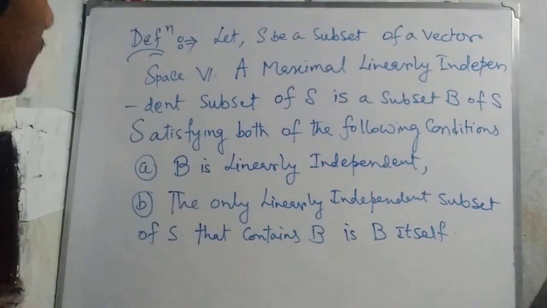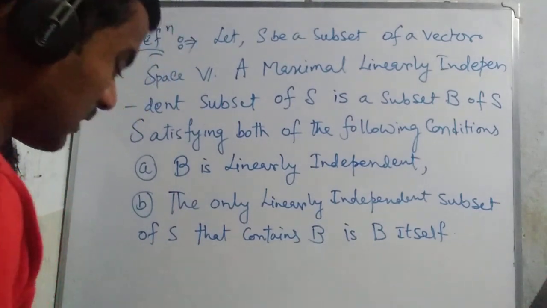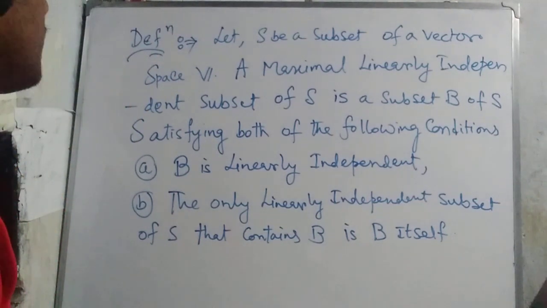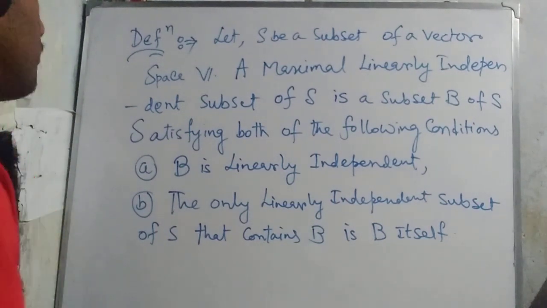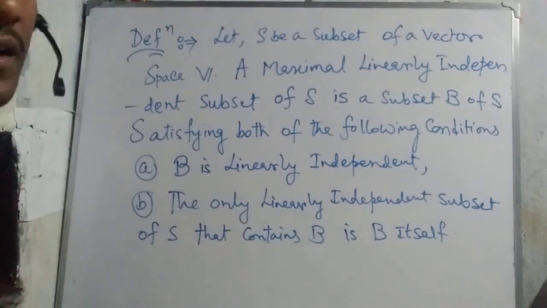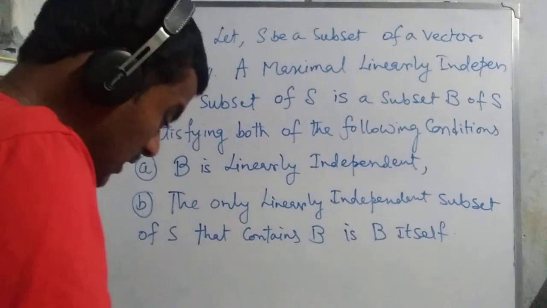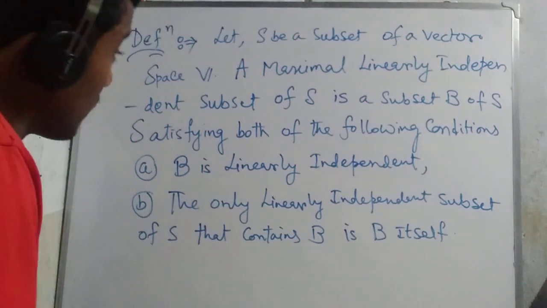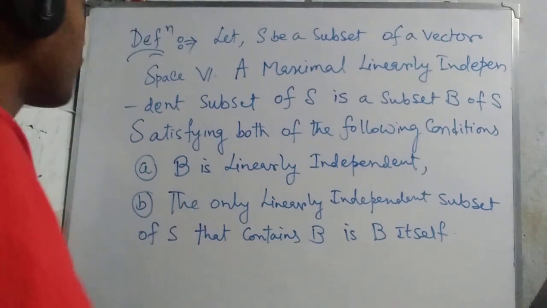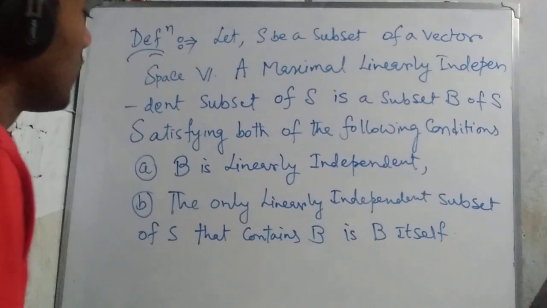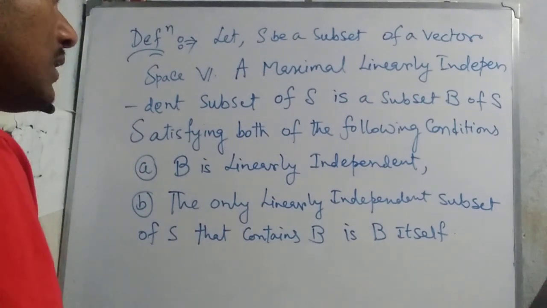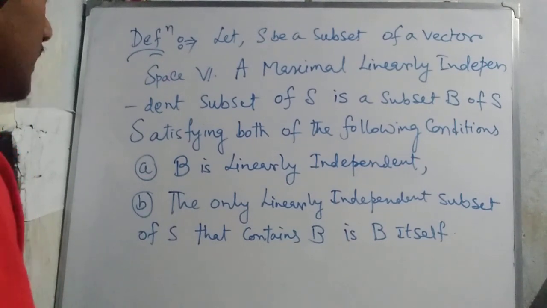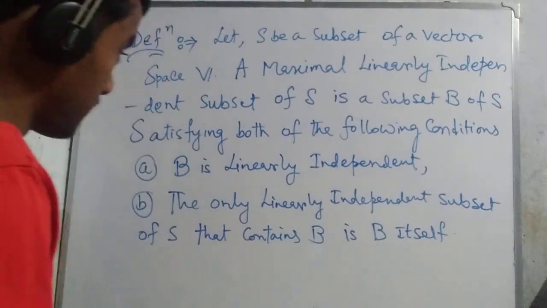Understood? That means B is linearly independent, and the only linearly independent subset of S that contains B is B itself. So then we also call this B a maximal linearly independent subset.